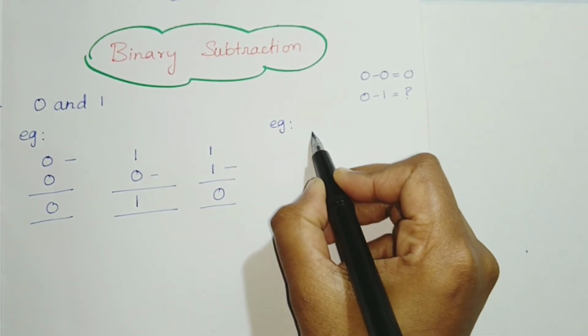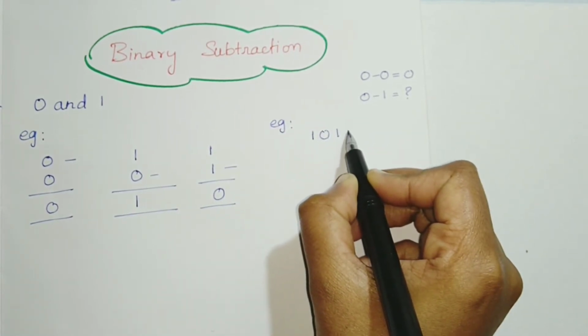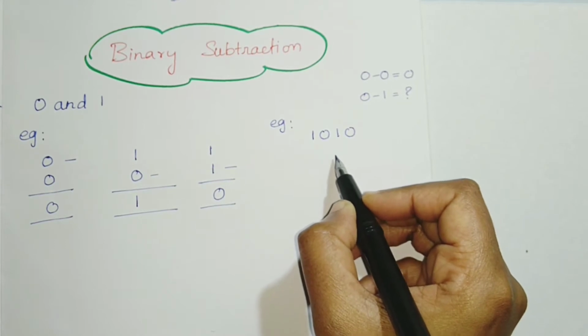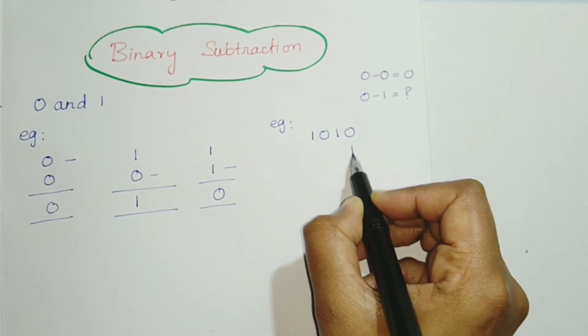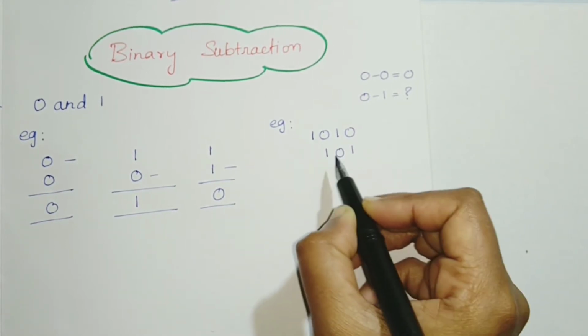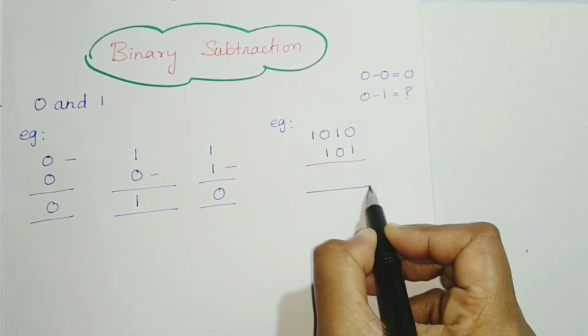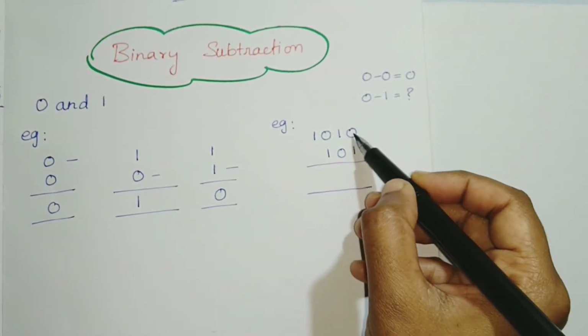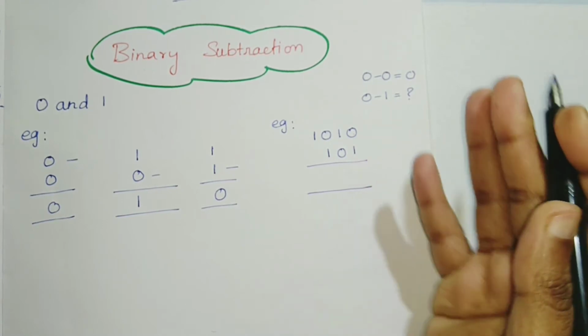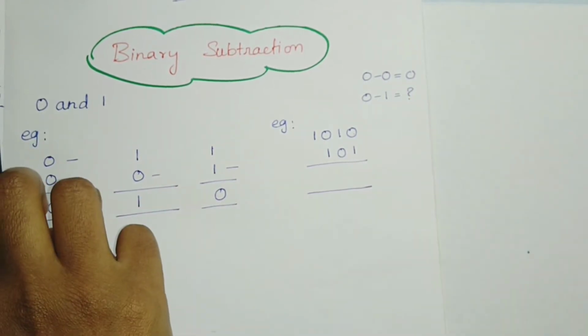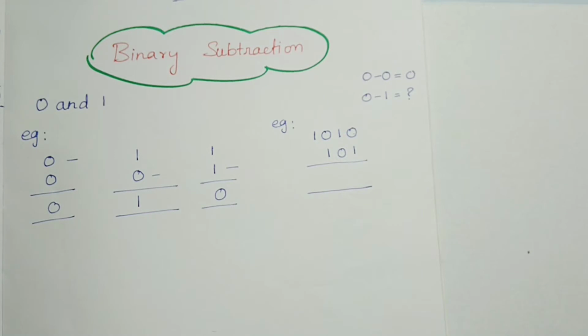Let us take two binary numbers, 1010 minus 101. So let us do the subtraction. When subtracting 1 from 0, we have to borrow 1 from the nearest most significant bit.